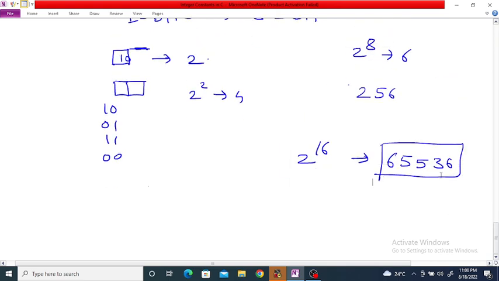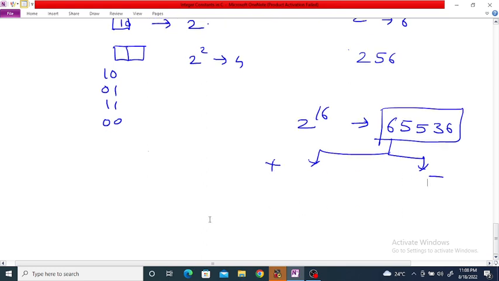But this 65,536 is divided into two parts. Its half is used for positive numbers and the other half is used for negative numbers. So I'm going to divide it by 2, so it is equal to 32,768.